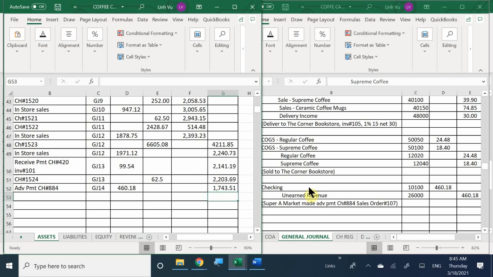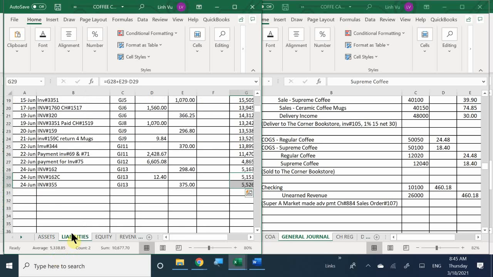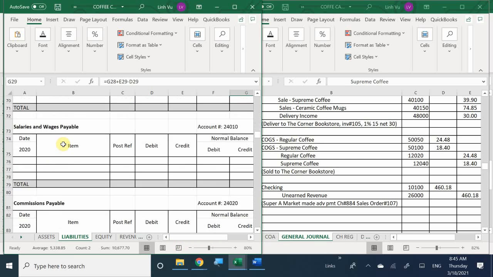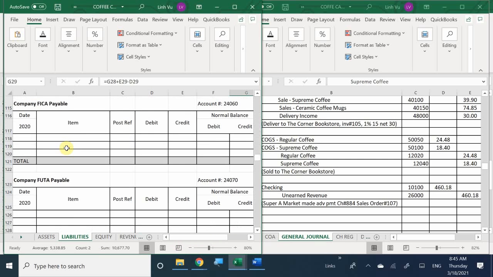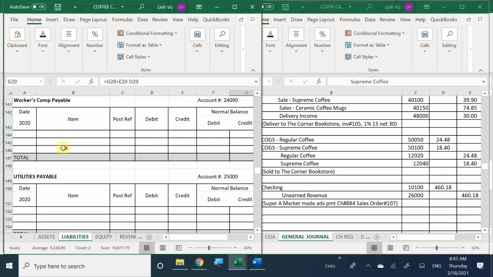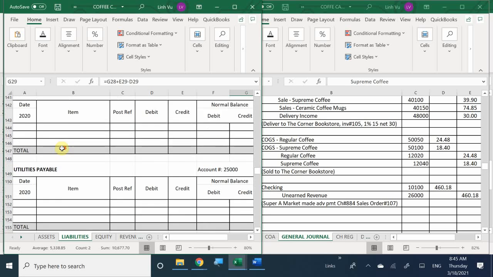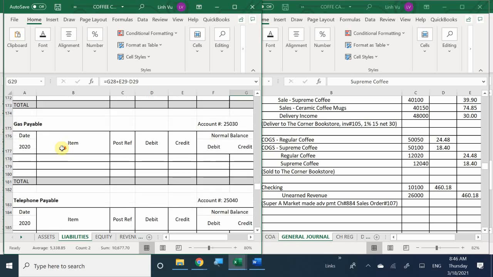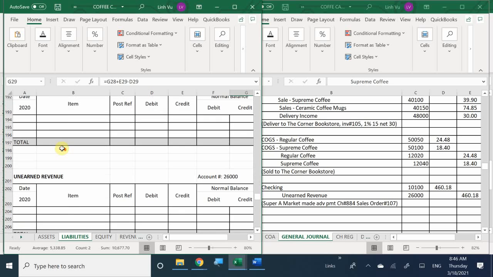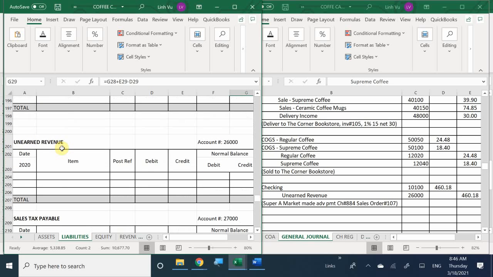Okay. Now we're going to go to unearned revenue, which is a liability because we owe services to a customer. So it should be after water payable. Here we go. Unearned revenue, 624.